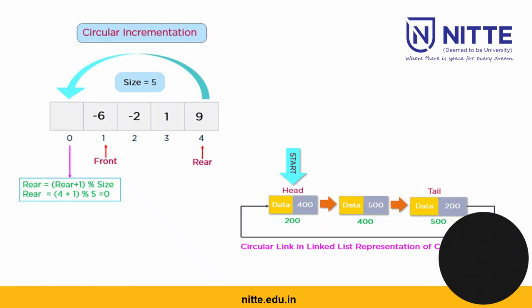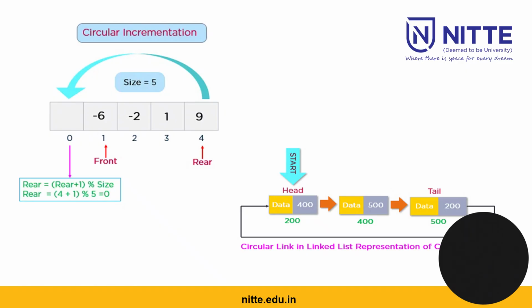That will become the new rear. So rear is pointing to 0 now. Now I can push an element from the rear, that is the 0th location. So that element comes and sits in this place. Now I have used that empty space also.